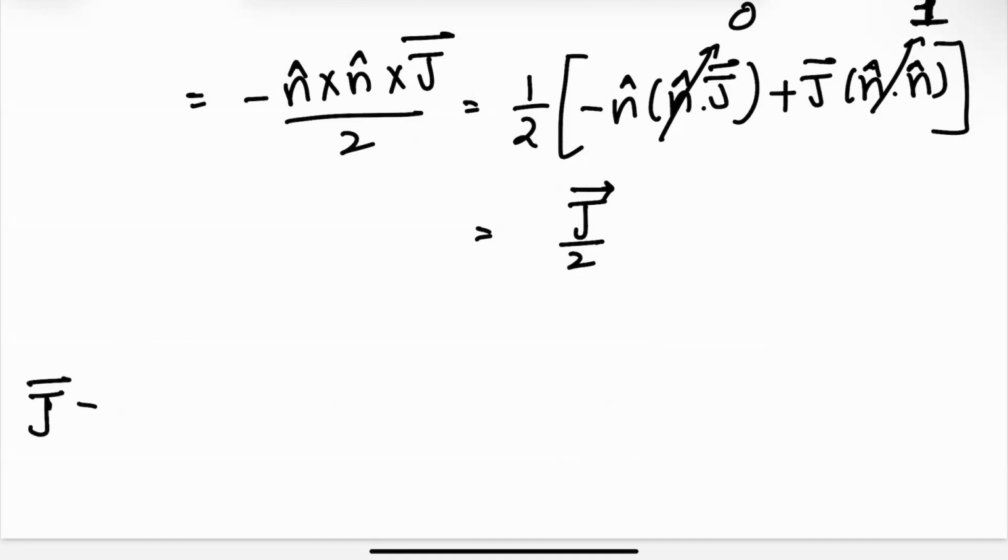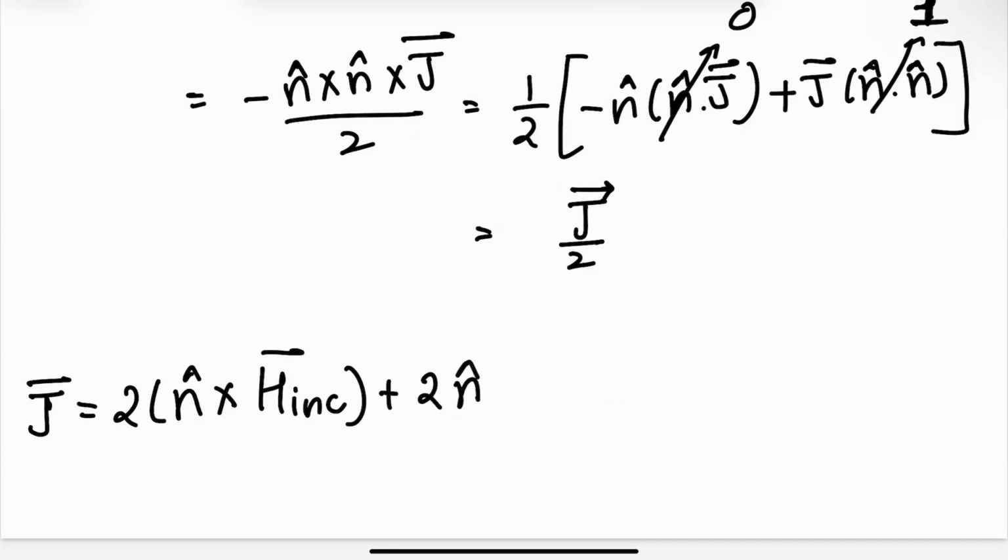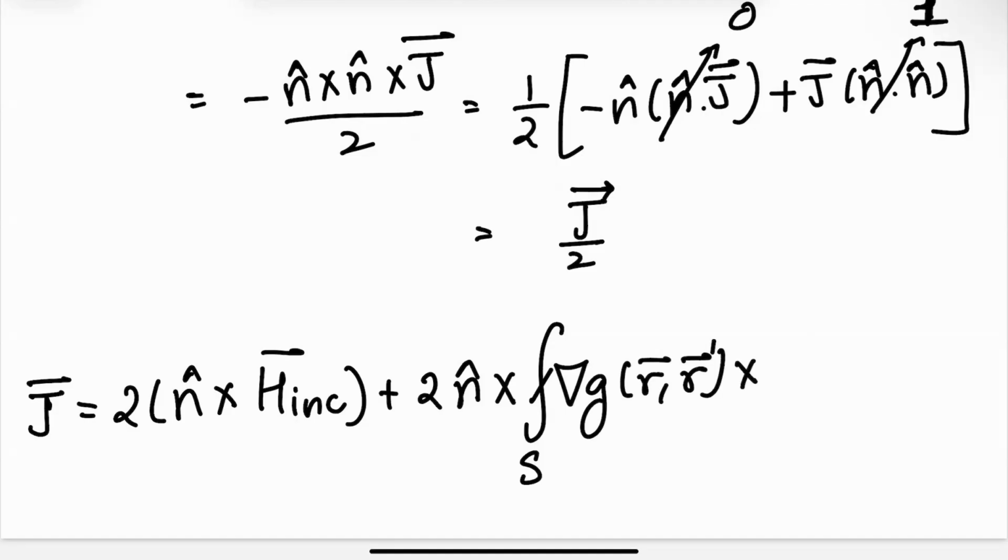J equal to 2 times n hat cross h incident plus 2 times n hat cross principal integral over the surface, gradient of little g r comma r prime cross j of r prime dr prime.